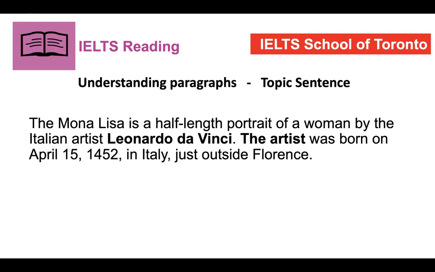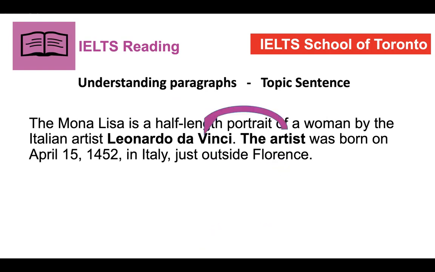What is happening in this case? What's the focus of the first sentence? The focus of the first sentence is the subject again, Mona Lisa, right? What's the focus of the second sentence? Is that Mona Lisa or Da Vinci? Da Vinci. We are shifting, right?